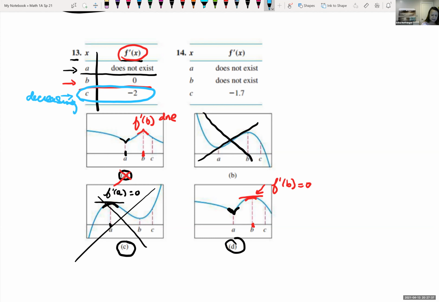So let's look at when x is c. Look at our graph, it's decreasing at that value. And the slope is -2 there. And so that also holds true. And so my graph for number 13, it's going to be graph D.